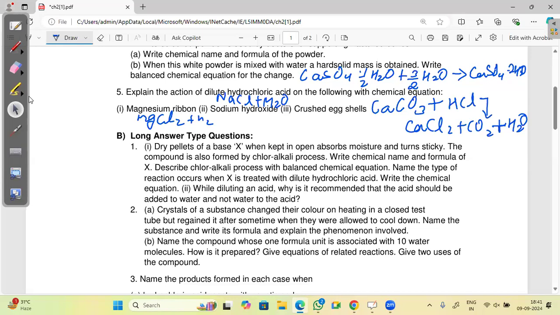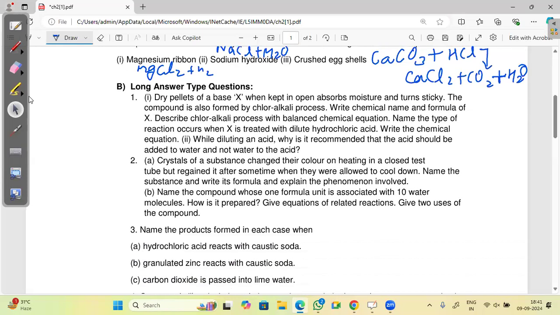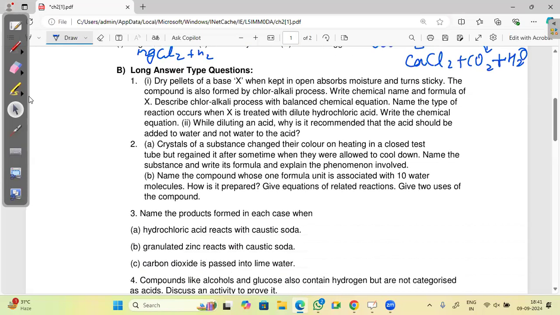Then see question number 2. Think of this, everyone. Crystals of a substance change their color on heating in a closed test tube, but regain it after some time when they are allowed to cool down. Name the substance and write its formula.